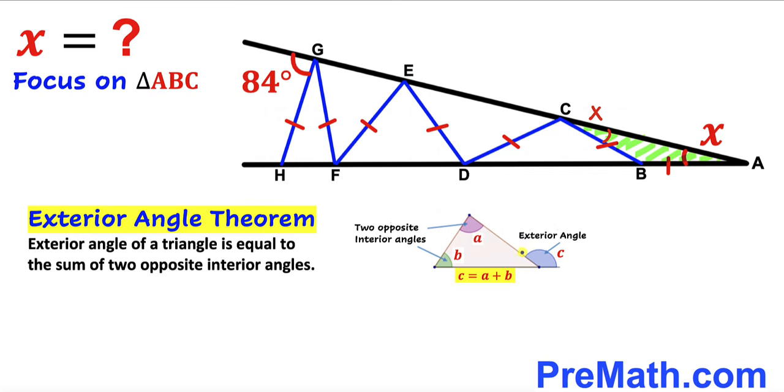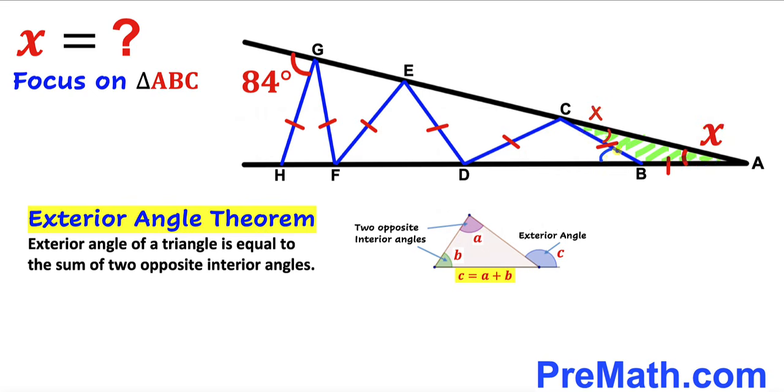Here we can see this angle C is our exterior angle, whereas these angles A and B are our opposite interior angles, such that angle C is going to be equal to angle A plus angle B. Now let's focus once again on this triangle ABC, and we can see that this angle is our exterior angle, and these two are our opposite interior angles.